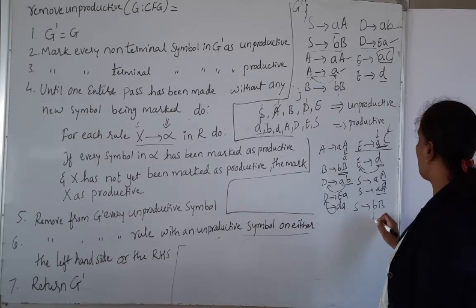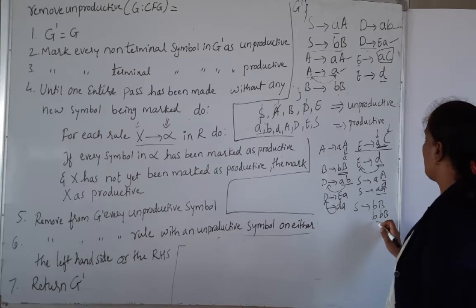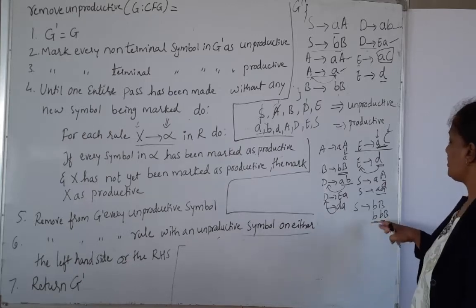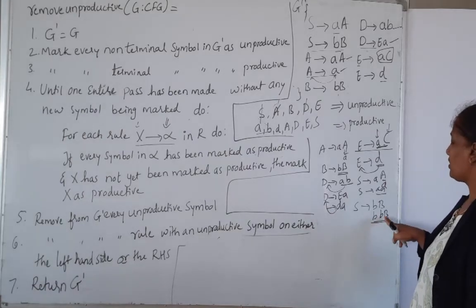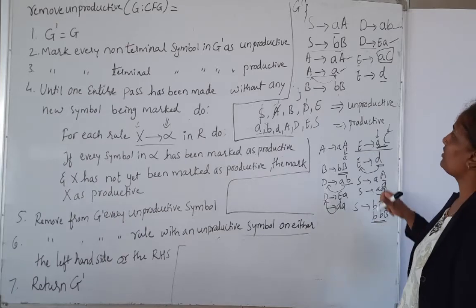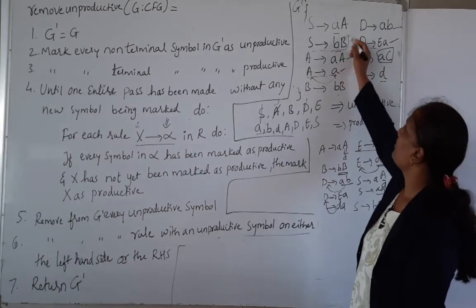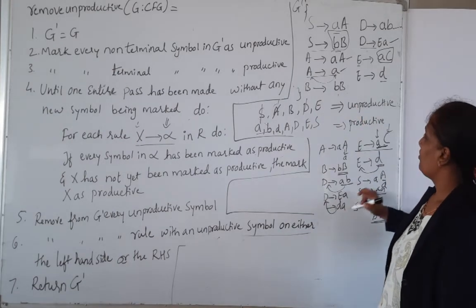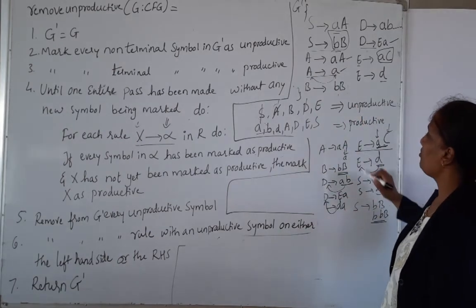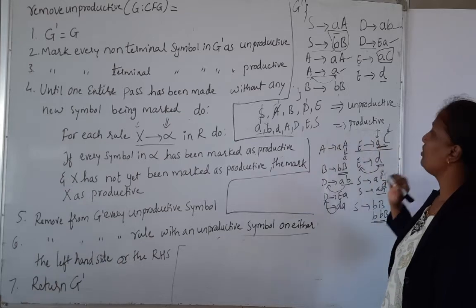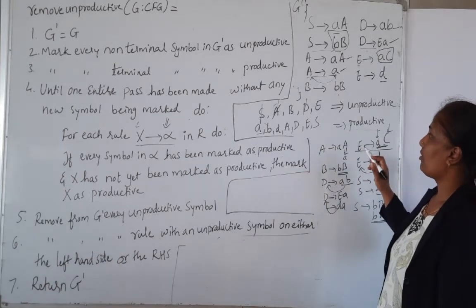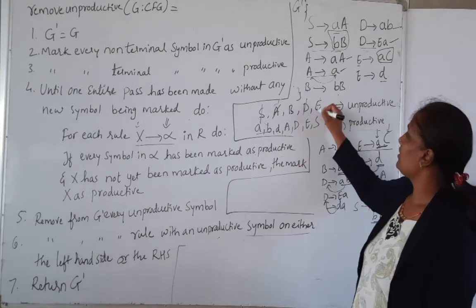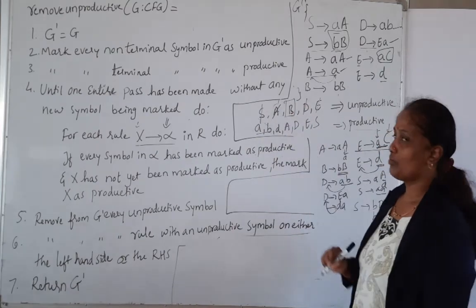B can be substituted as B, where it is producing the productive as well as the unproductive symbol. So this rule is not okay with the grammar. So I have checked all the productions. Based on that, I have marked the productive symbols of the grammar. So based on that, I can say B is an unproductive symbol.